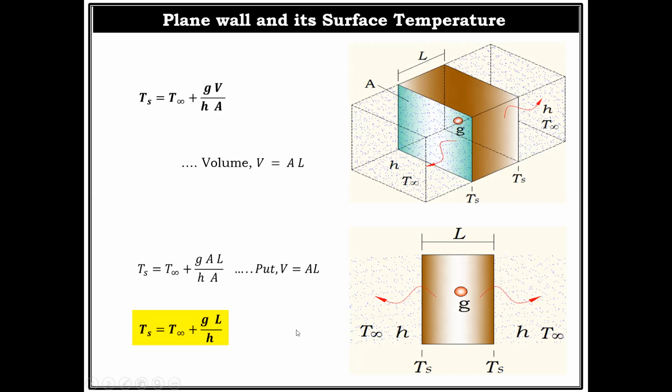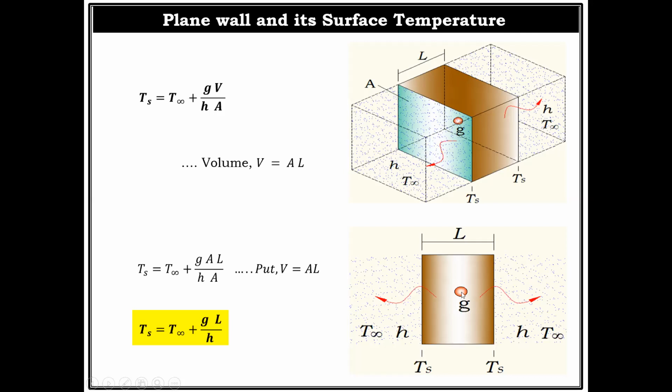And remember friends, we are not talking about the location of the heat generation source. If the location is exactly at the center, the left hand and right hand surface temperatures will be the same. If it is nearer to the left hand face, the left hand face temperature will be higher than the right hand face.